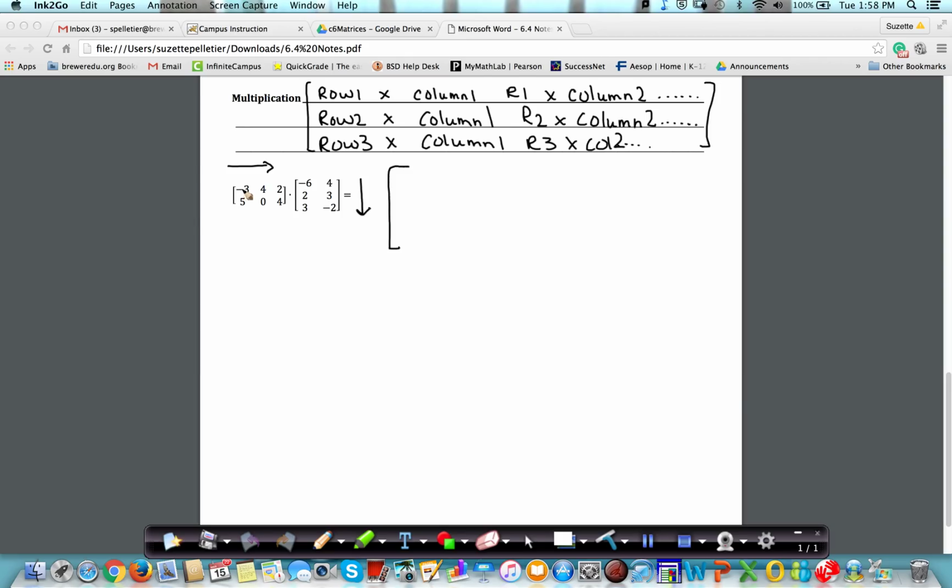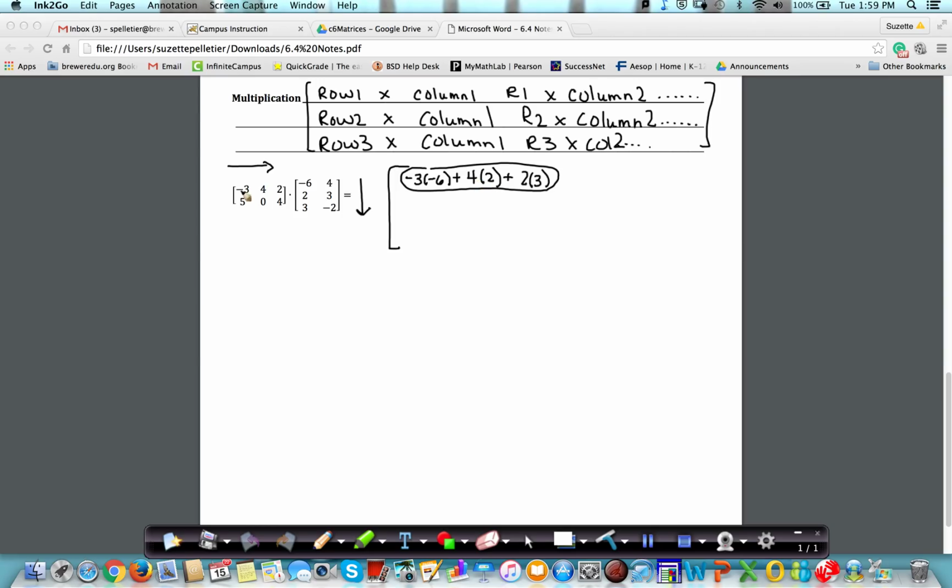Okay, row 1, item 1, so -3 multiplied by -6. The second item, 4 by the second thing in the first column, so plus 4 times 2. We're adding these together. Plus 2 times the last item, so the third in the row and the third in the column, so 2 times 3. Okay, that whole thing is going to result in the upper left element of the answer.